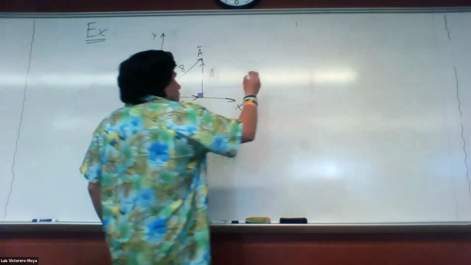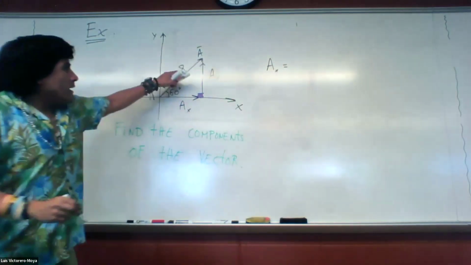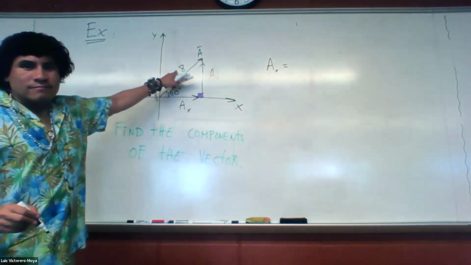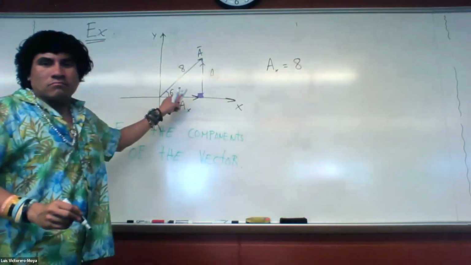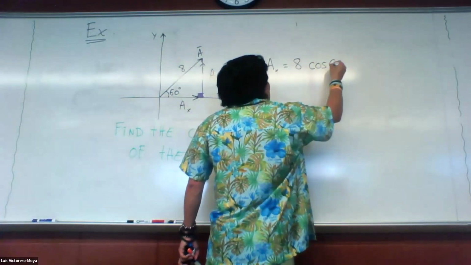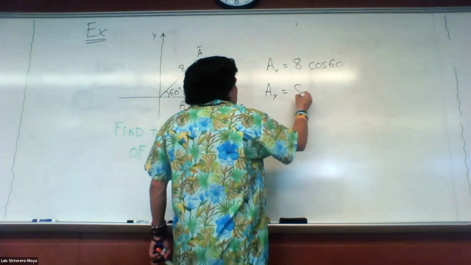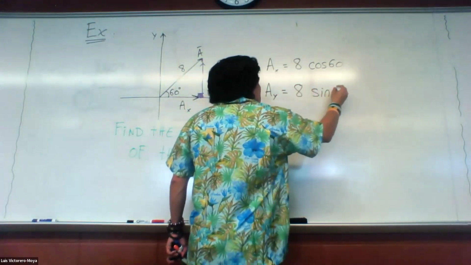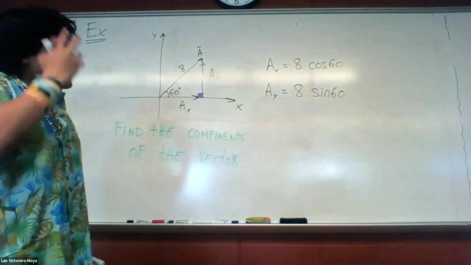So my AX is the magnitude 8 times the cosine of the angle, which is cosine 60. And my AY is 8 sine 60. You can use a calculator and find those.